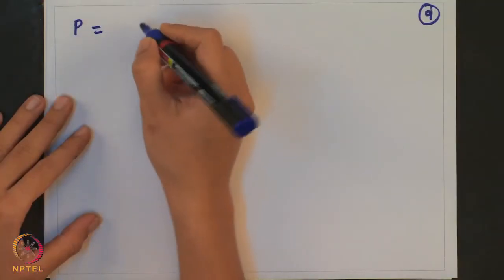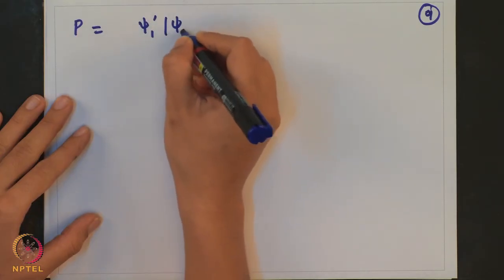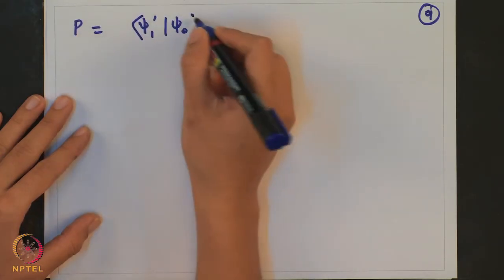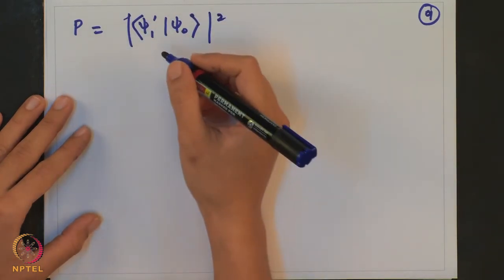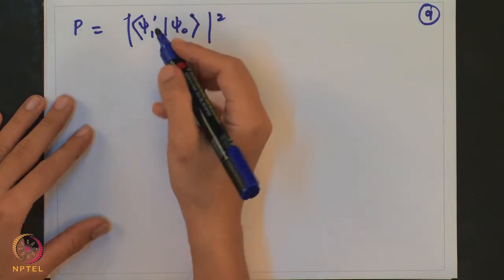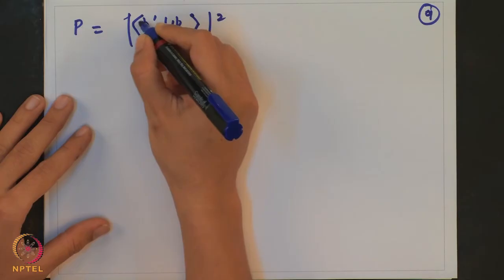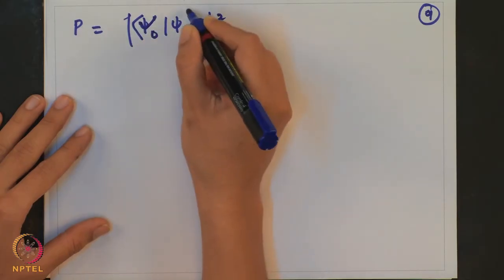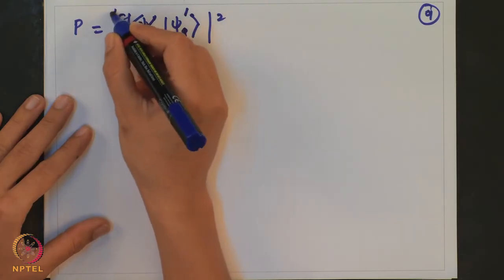It would be given by the integral of psi 1 prime over psi naught, the whole square. Or rather the other way around, we can write psi naught psi 1 prime, and the integration is from 0 to infinity.